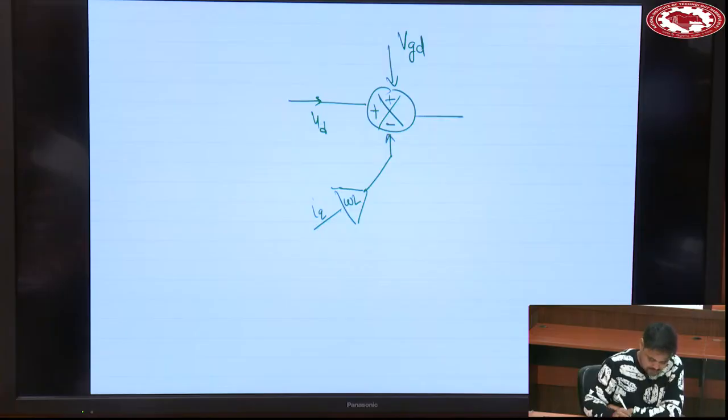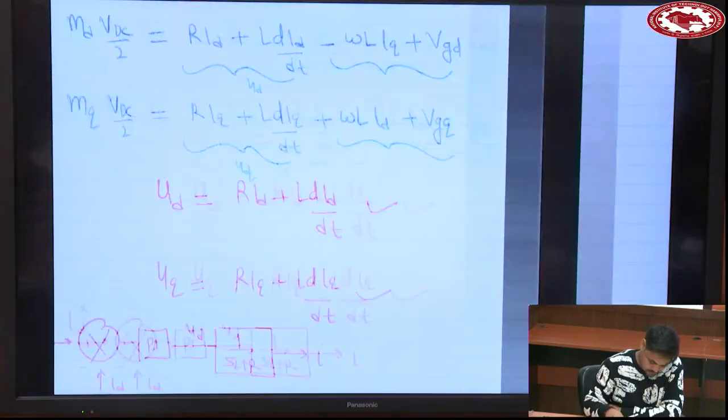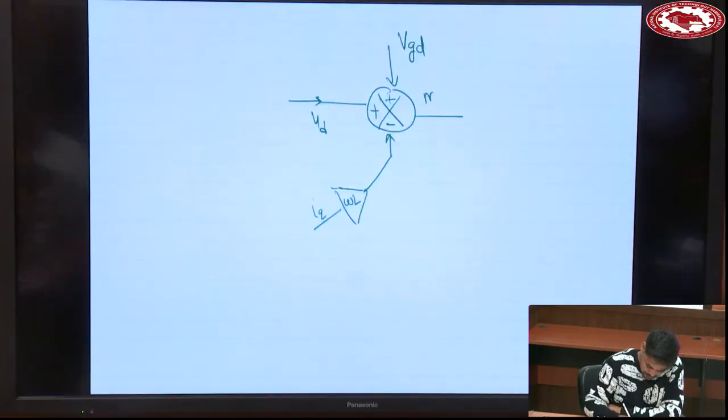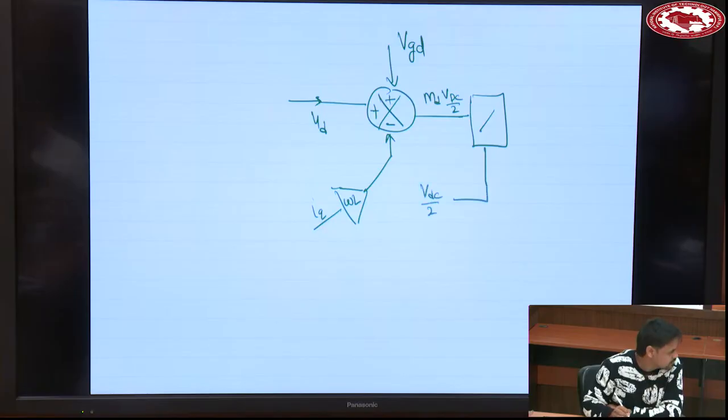You get MD VDC by 2. And if you divide it by VDC by 2, you can get the modulation index MD.